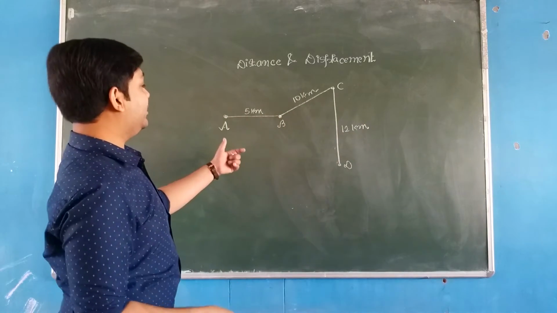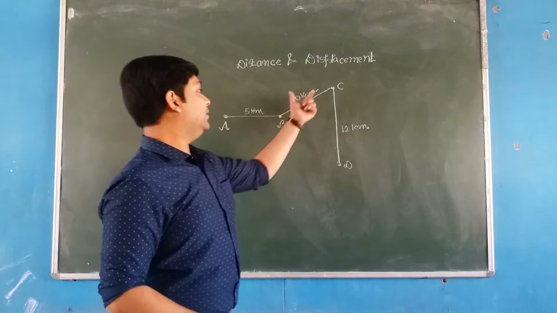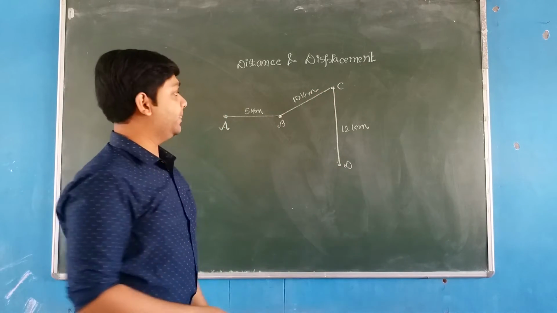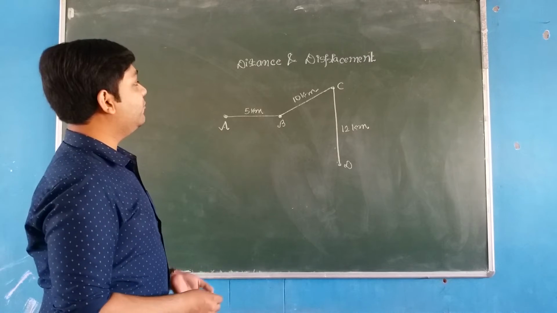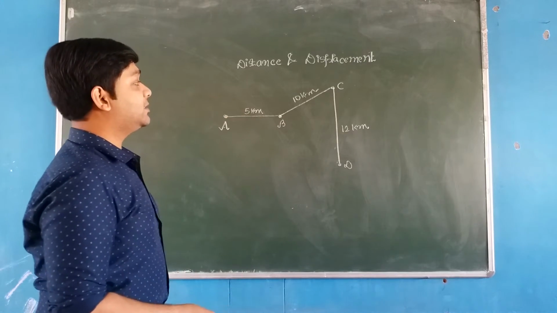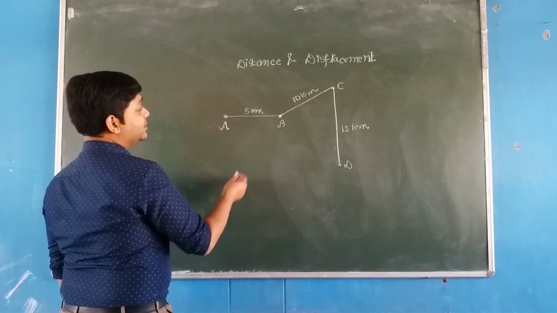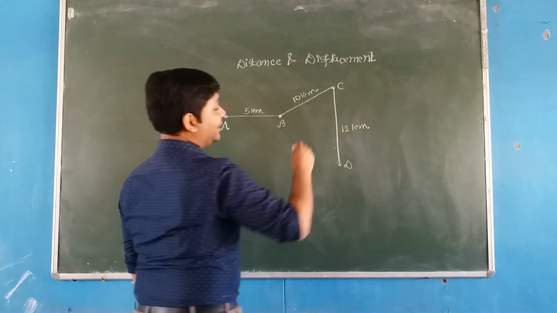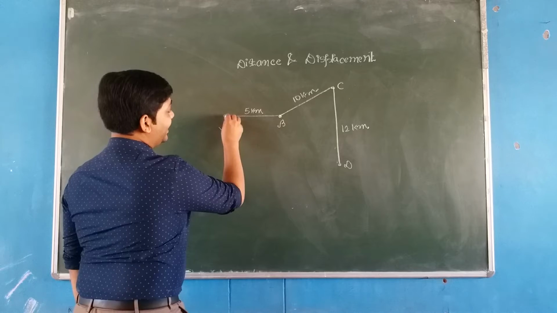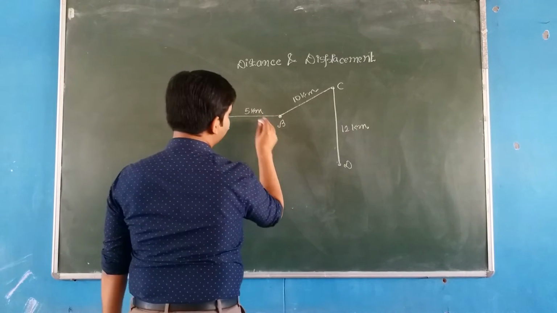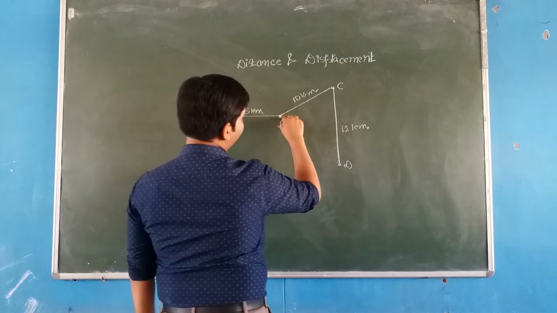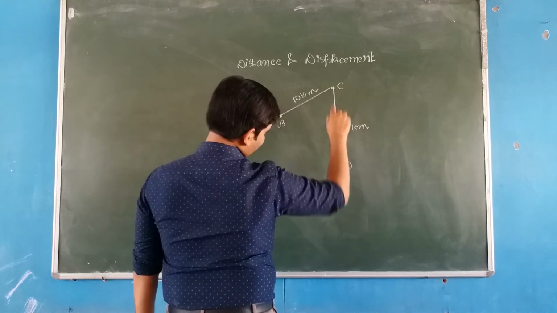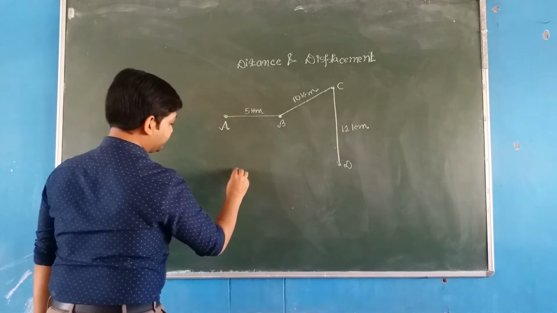So this is how he travels from city A to city B, from city B to city C, and from city C to city D. Now if we want to know the distance that he has traveled, we simply need to add the lengths of the paths he has traveled. The length of the path from A to B is 5 kilometers, from B to C is 10 kilometers, and from C to D is 12 kilometers.